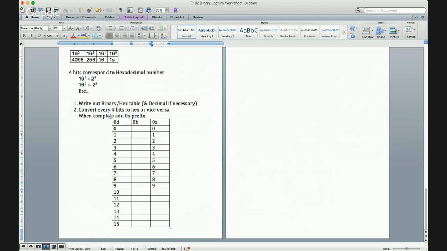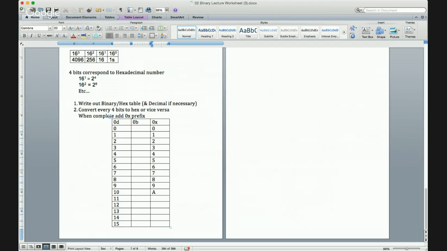Okay, now beyond 9, there is no symbol in decimal for 10. So we have to choose one. And in fact, when you look back at the decimal numbering system, arbitrarily, someone just chose the symbols that we now know as 0, 1, 2, 3, 4, 5, 6, 7, 8, 9. So we're going to choose, and we'll use capitals, if I can get the caps lock to stay on, which is not working.